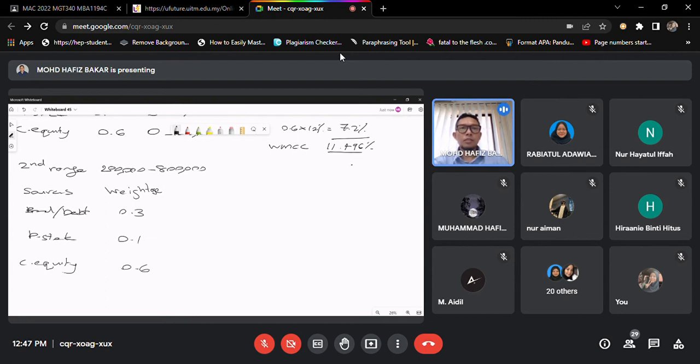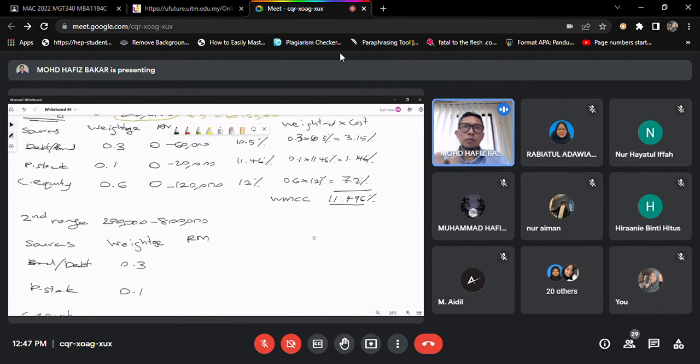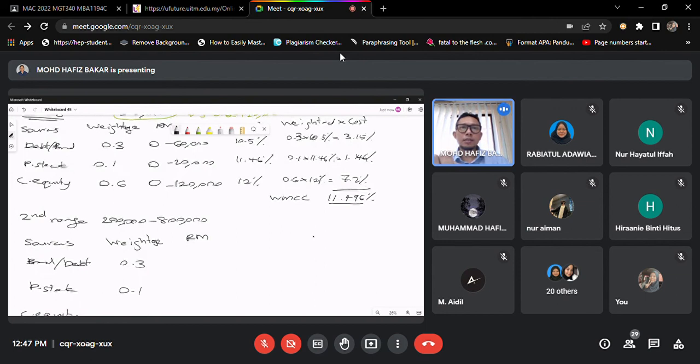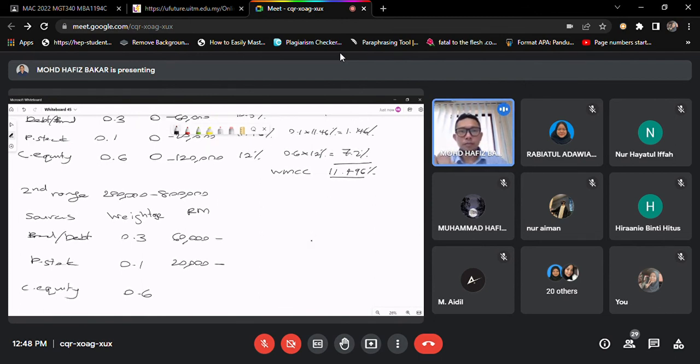And then this one is RM lah. Okay, RM, what value need to start? Daripada atas ni lah. Then 60,000, 20,000 and 120,000. Okay, you put at the beginning 60,000, 20,000 and 120,000.